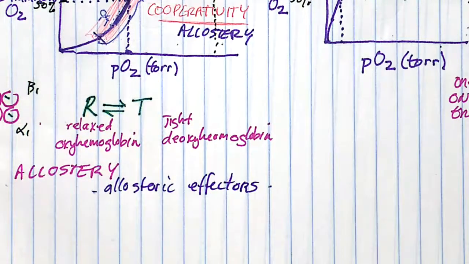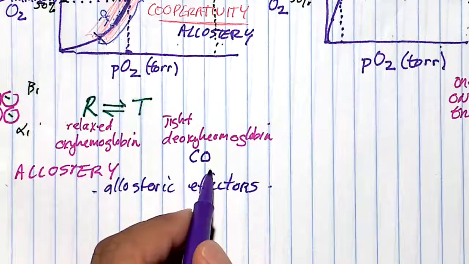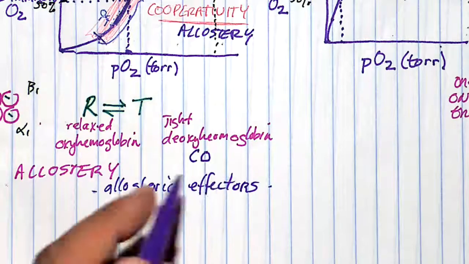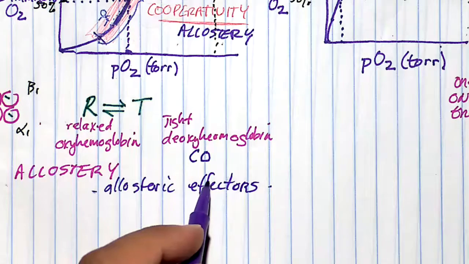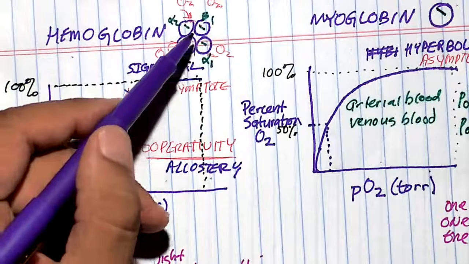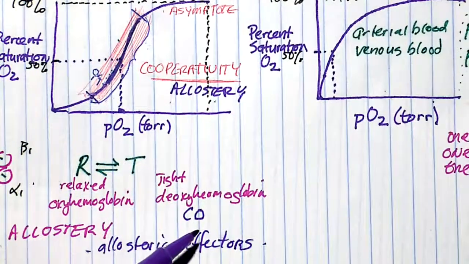Well, there are several allosteric effectors that can compete with oxygen binding to heme, such as carbon monoxide. That's the basis for carbon monoxide poisoning. Carbon monoxide has 200 times the affinity for heme that oxygen has. So if there's carbon monoxide exposure, it's going to bind to the heme group in hemoglobin much more tightly and with much greater affinity than oxygen.